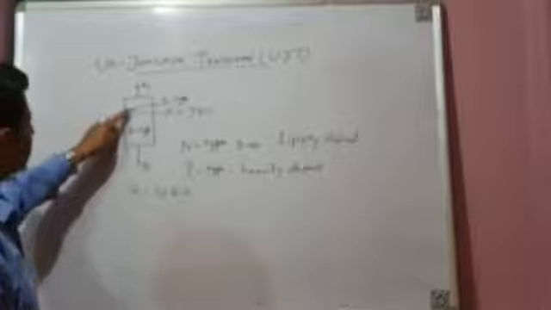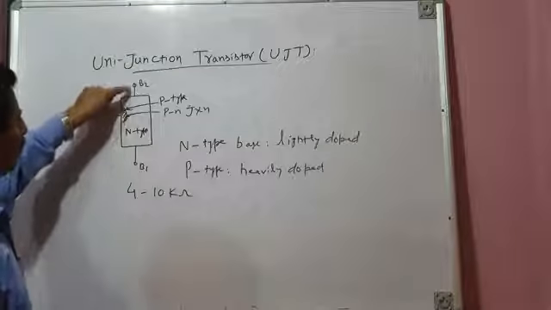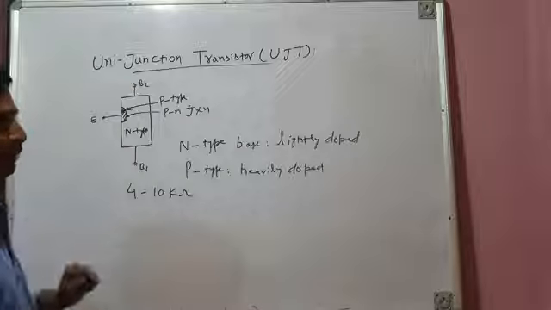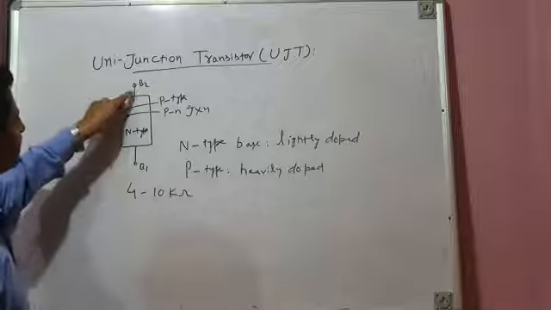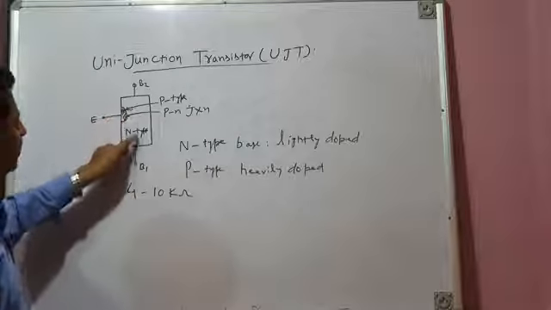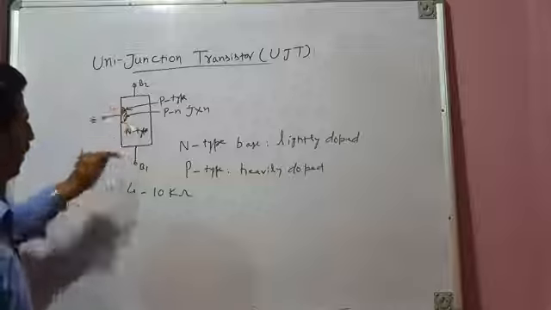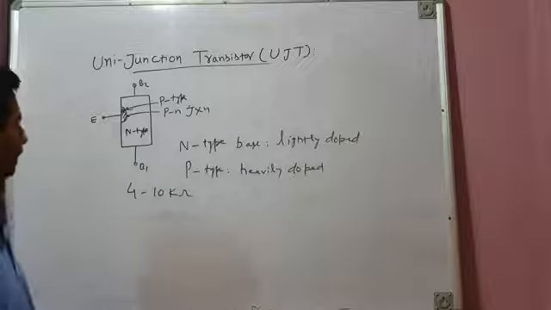Now, the P material, which is diffused on the N-type base, is closer to B2 than to B1. Therefore, the resistance between E and B2 is small, whereas the resistance between E and B1, since it covers most of the area, is large.